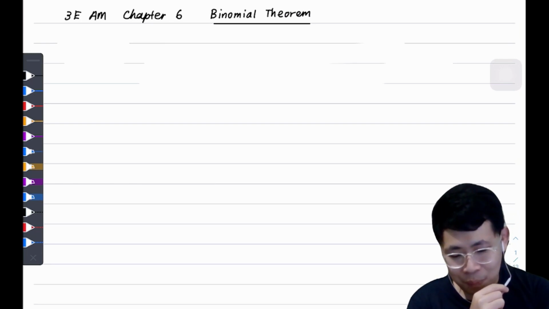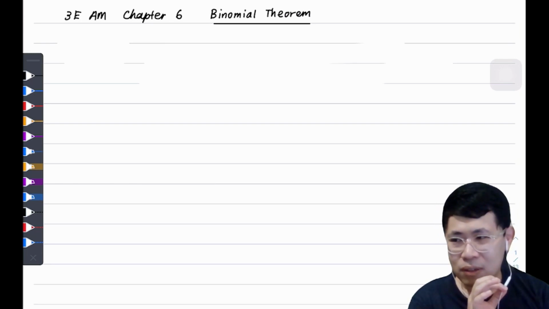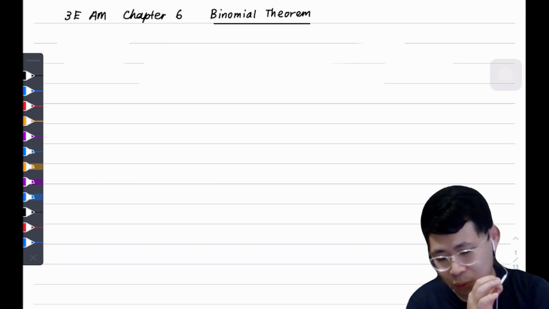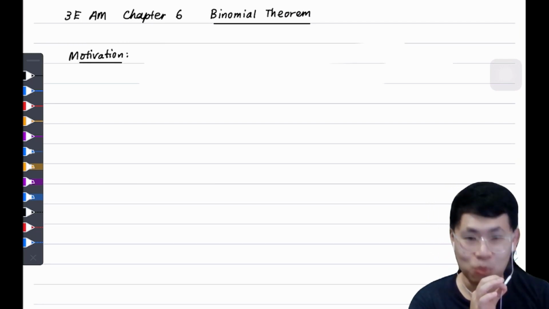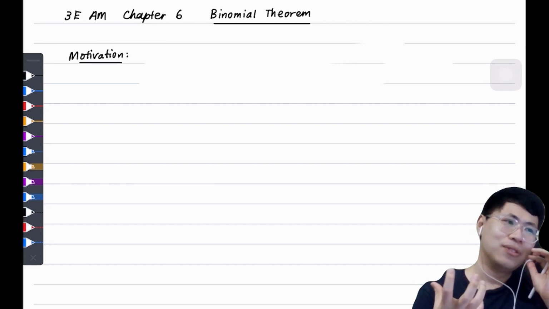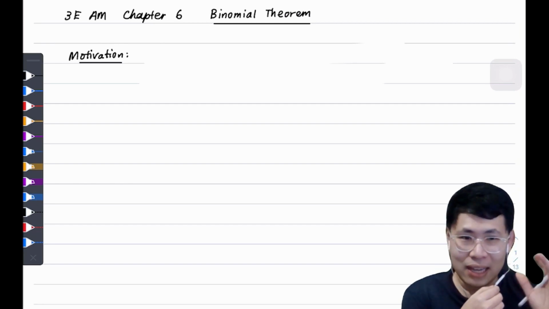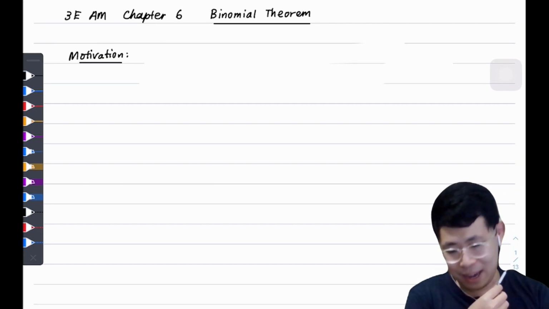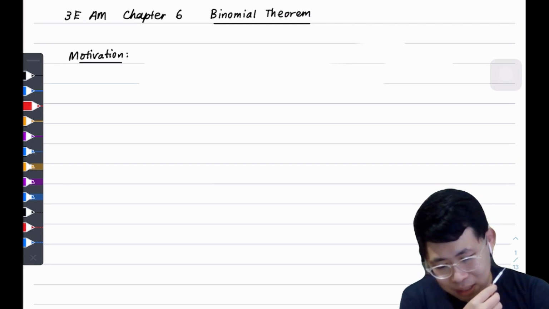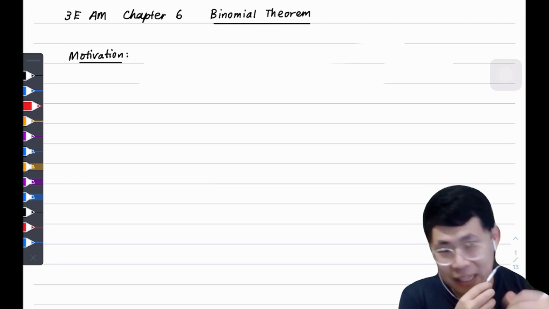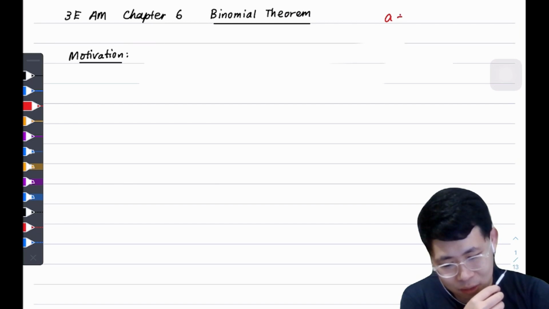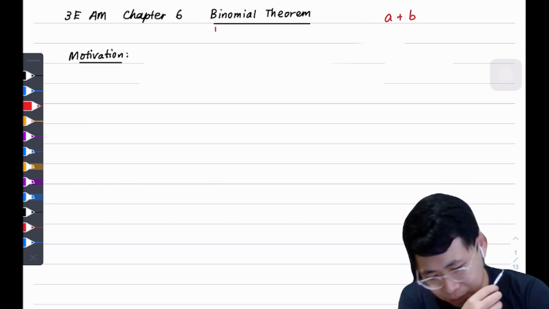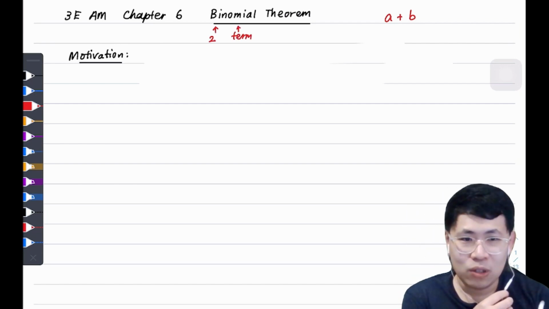Binomial theorem actually comes from the motivation of what we did in Sec 2. In Sec 2, we expanded a plus b squared, so we are looking at expanding a plus b, two terms. Binomial theorem: bi means two, nomial means terms. So how do we expand two terms?